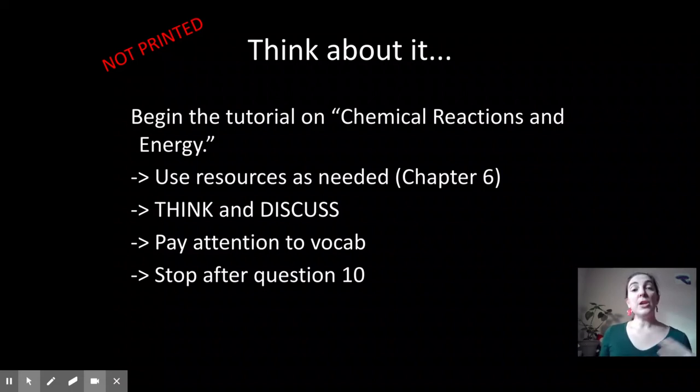For today, you should try and work at least halfway through it. So try to get through at least question 10. Do the best you can. You can look things up if you need to, but the point here is mainly just to talk through it with someone if you have someone available to work with, or think through it and see how far you can get. If you want to go a little farther than question 10, that's okay.